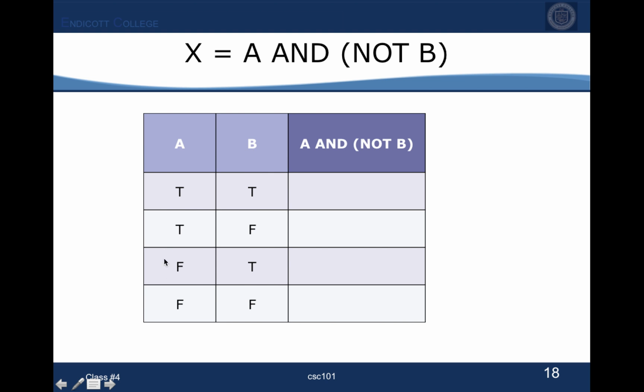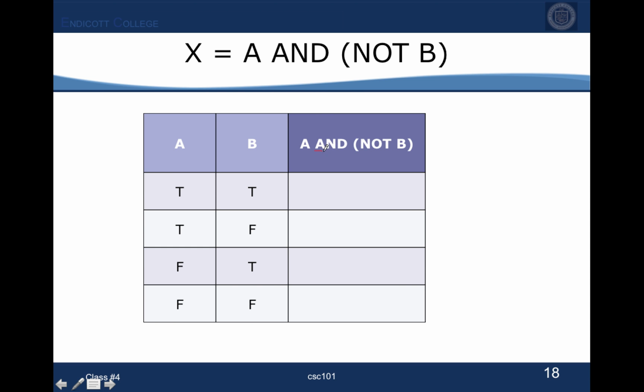So there's only 4 of them, and here they are. And now I just want to ask myself, in this case I really have just one big step here, which is to say, what could I say about this expression, A and not B, in each of these 4 cases? So I'm going to fill these in. Remember, I've got 2 operators in here.